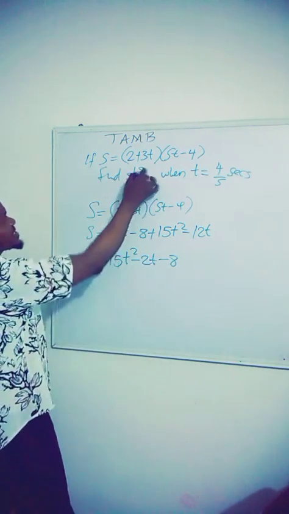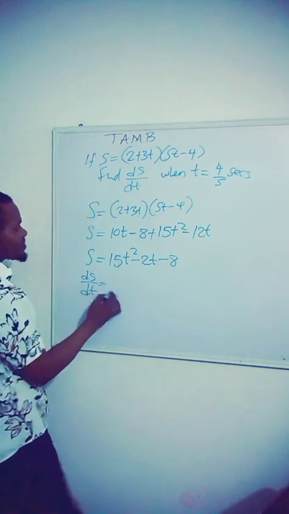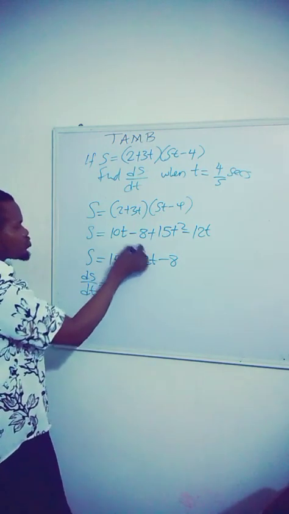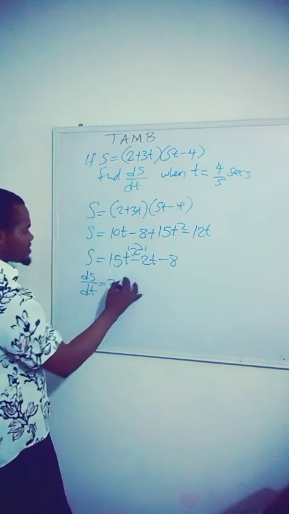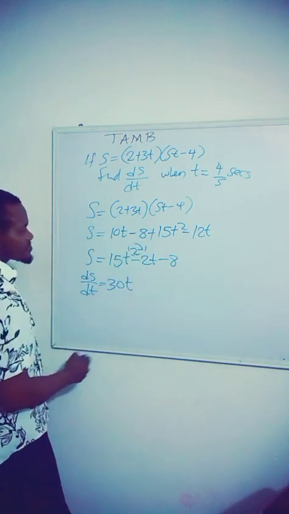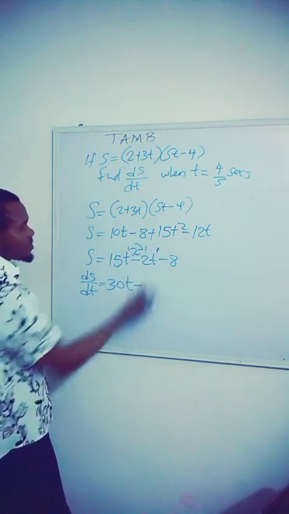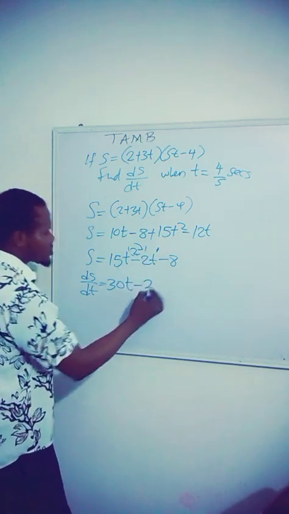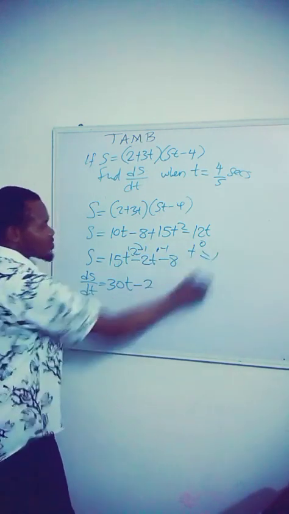So finding ds/dt will now be, if you differentiate this, 2 times 15, that is 30. We subtract 1 from 2, that makes it t raised to power 1. Then minus 2t, which is showing as t to the power 1: 1 times 2, we have 2. You subtract 1 from it, it becomes t raised to power 0, that becomes 1.